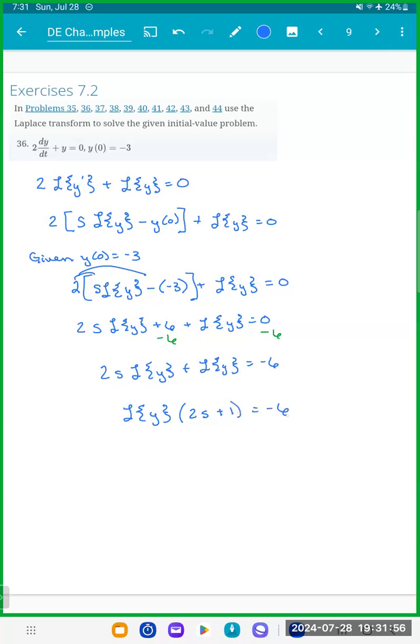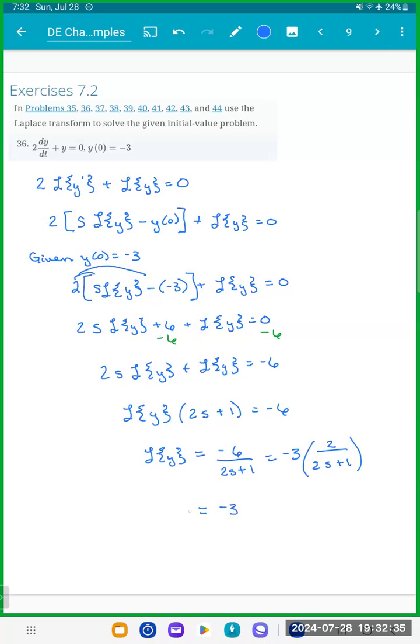So let's get the Laplace of y by itself, and that's negative 6 divided by 2s plus 1. That is the same as if we pulled that negative 3 out again, and we have 2 over 2s plus 1. We can simplify what's inside the parentheses a little more.